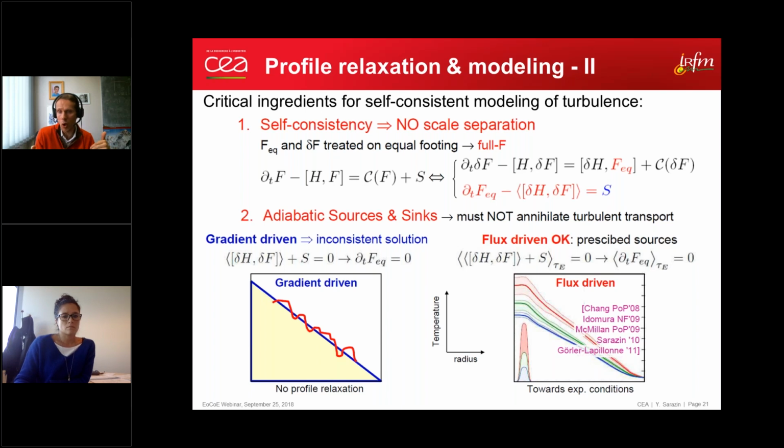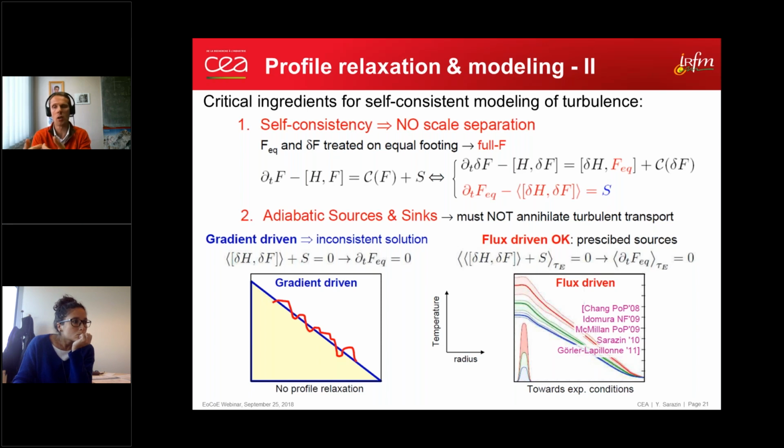In the gradient-driven approach, you do not worry about the source. You assume that the source has developed in such a way as to build a certain profile, and you start from this profile. You say, I have an equilibrium temperature profile, I keep it frozen, and on top of it, I let fluctuations develop.